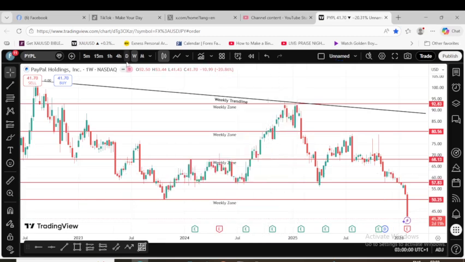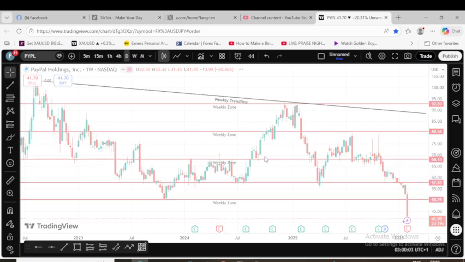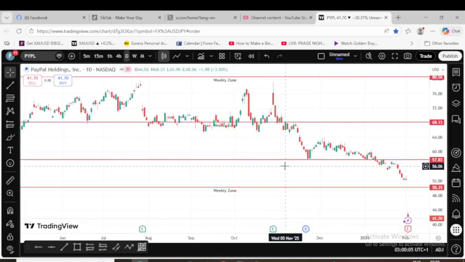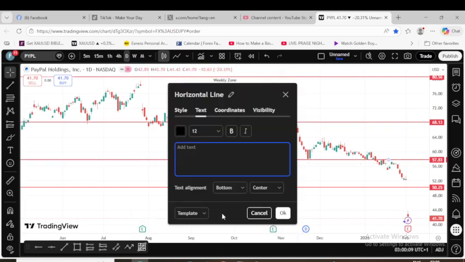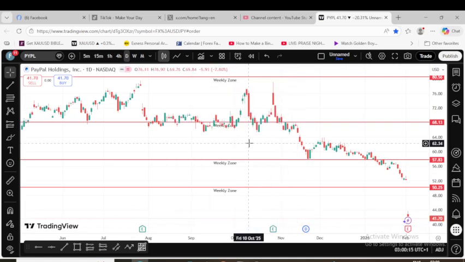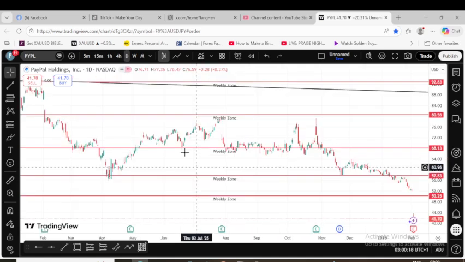Okay, so let's go down to the daily time frame and we'll do the same thing again. We'll identify our support and resistance levels, also known as zones, and then we'll identify any potential trend lines that can be drawn.